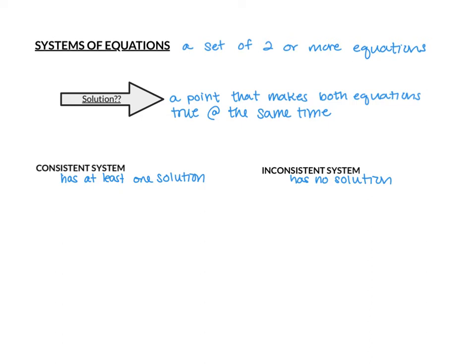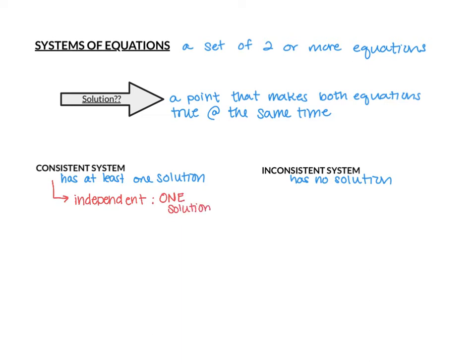Now we need to define consistent systems a little bit more. It actually has two parts to it. The first part is that there could be an independent system. It's under the heading of a consistent system, but it's called independent. Independent means that we have one solution, only one.